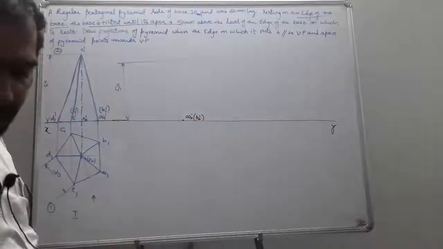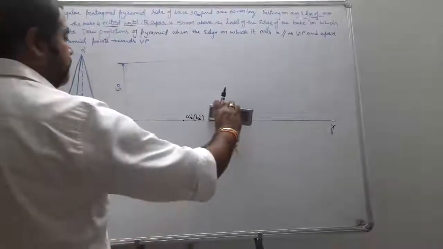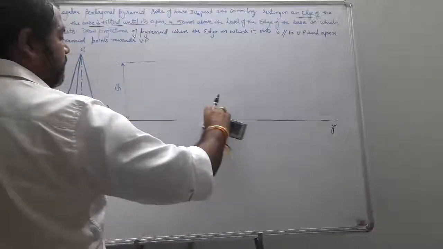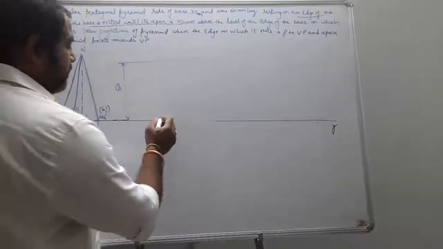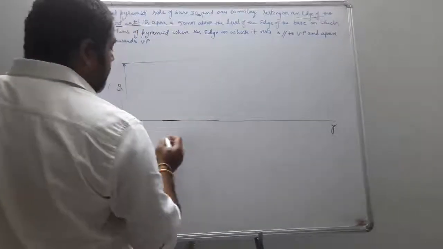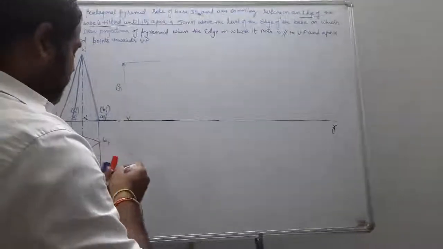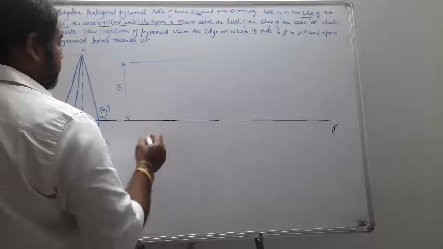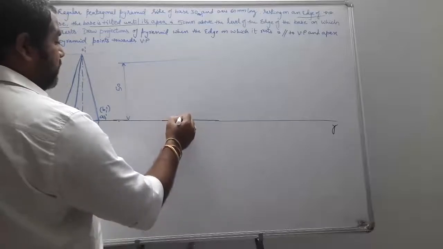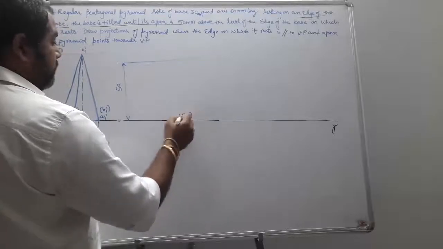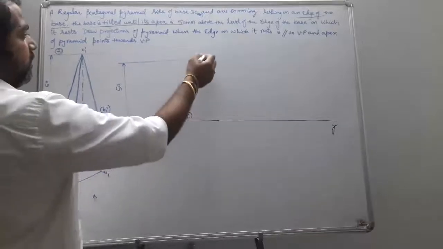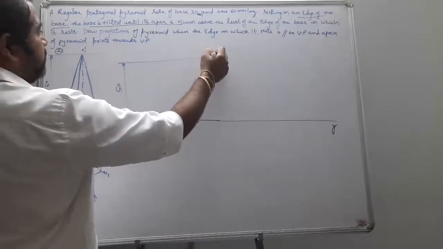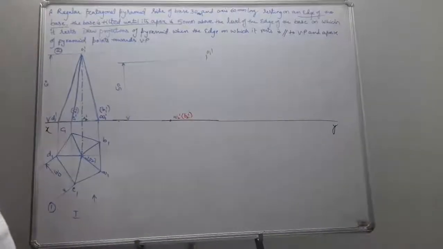Let us take for my problem, if we take more space, I just move it somewhere here. I just take it here. So this becomes your A2 dash, B2 dash, and you just draw an arc. This becomes your O1 dash.